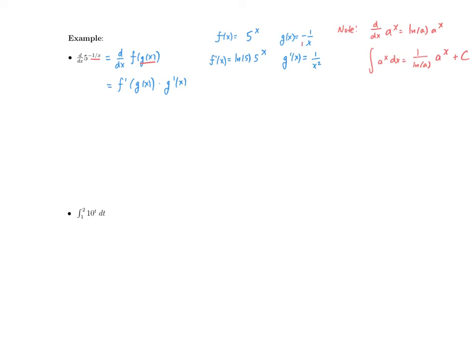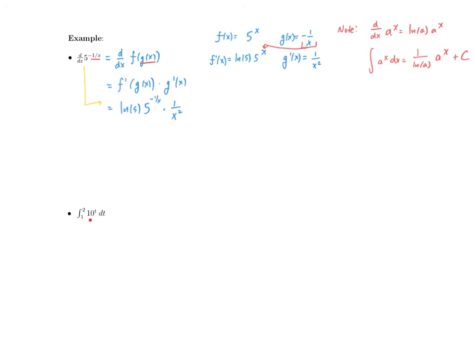So in our case, this minus 1 over x needs to go inside of f prime. So we have the derivative of the outside, evaluated at the inside, times the derivative of the inside. And just to reiterate, it would have been perfectly fine to jump immediately to this formula. I just wanted to really be careful to illustrate how we are using the chain rule.